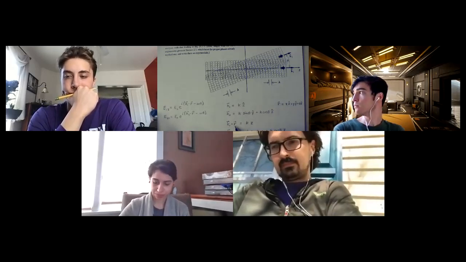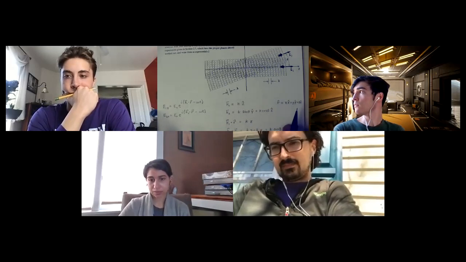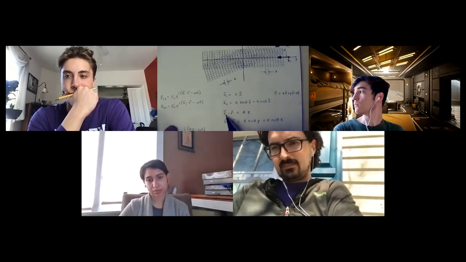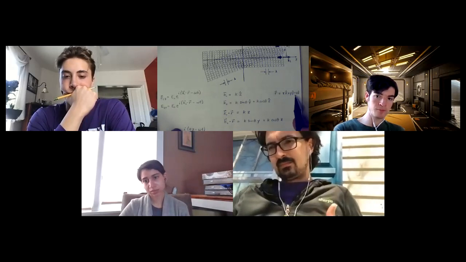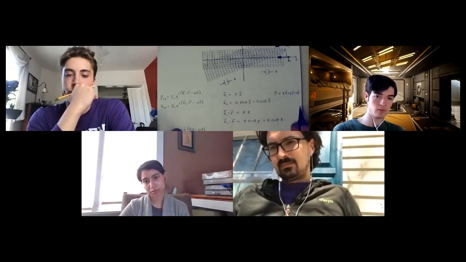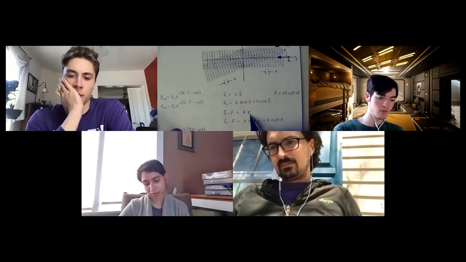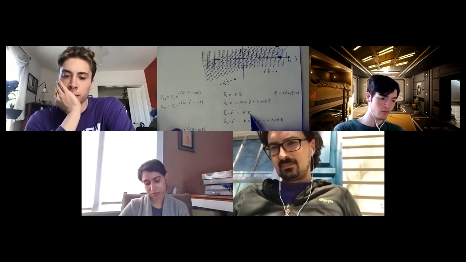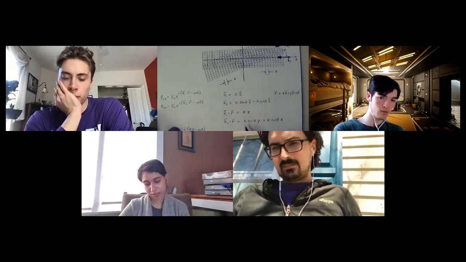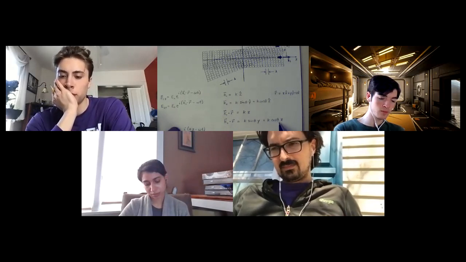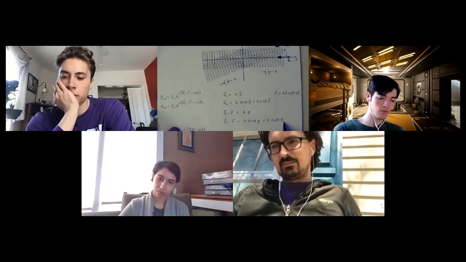Then finding k dot r. Well, for k1, k1 dot r is just this kz dotted with x x hat, y y hat, z z hat. And that just gets you k times z. k2 is k sine theta times y and k cosine theta times z.